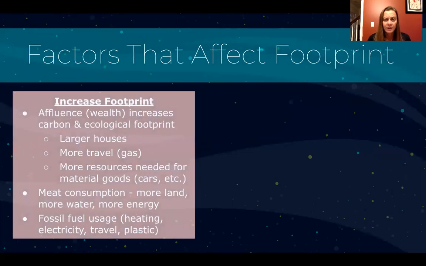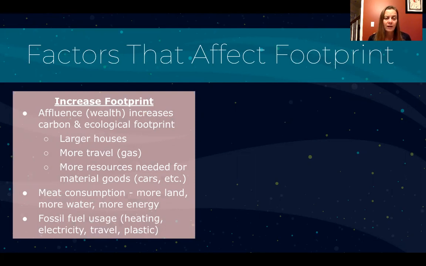So what are some of the things that affect the global footprint or ecological footprint? So things that increase our footprint, generally speaking, the more wealthy an individual or a group is, the larger their carbon footprint is going to be and the larger their ecological footprint is going to be. And that's because people with more wealth tend to have larger homes, they travel more, they use more material goods.